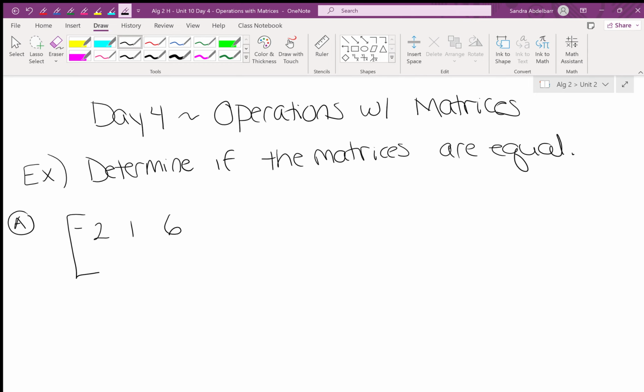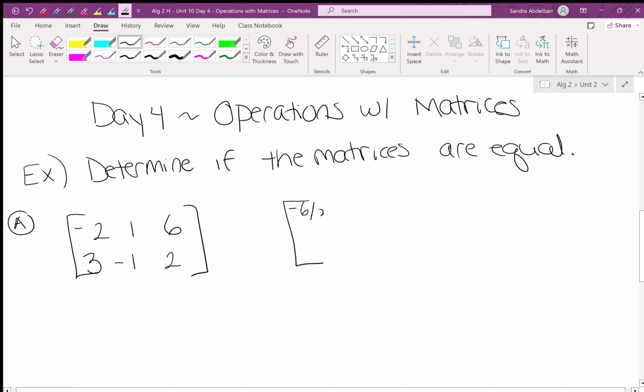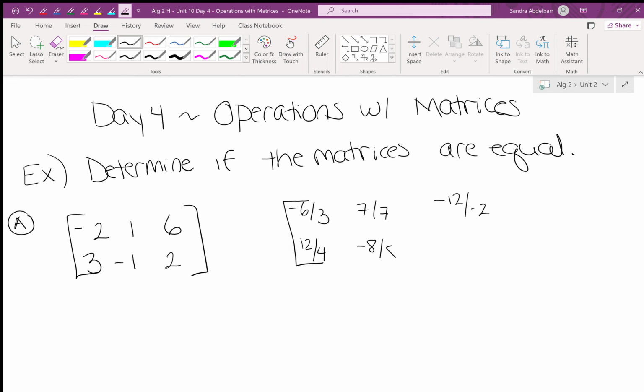So I have -2, 1, 6, and I have a 3, -1, 2. And then I'll have a -6/3, 7/7, -12 over -2. And then the row beneath that, we're going to have 12/4, -8/8, 4/2.